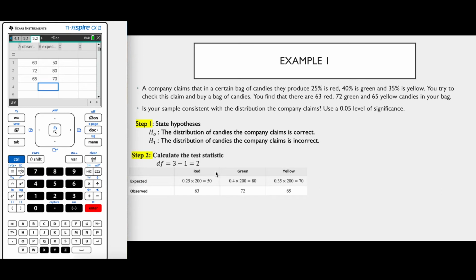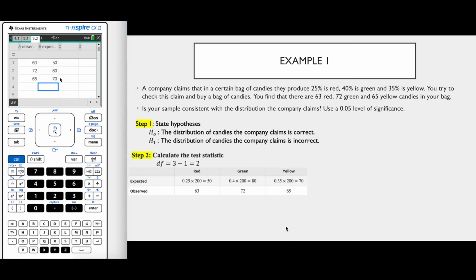So what we're doing in our calculator is we're putting in the observed and the expected data. So making sure that the expected data, we know how to calculate that given the percentages and the total amount of candy in our given bag.